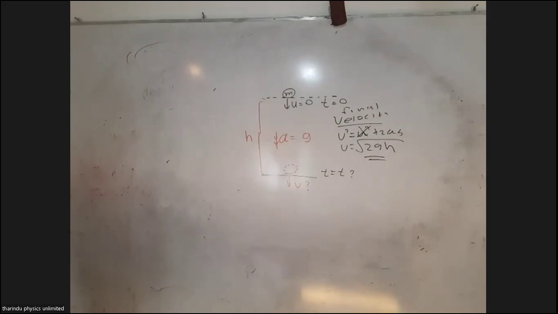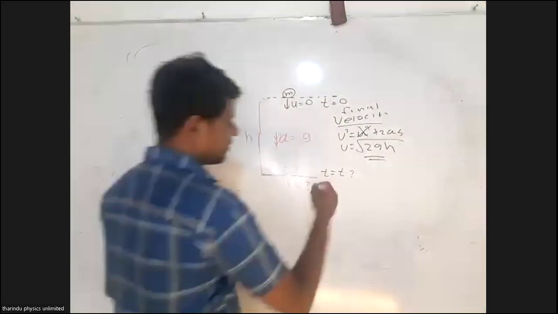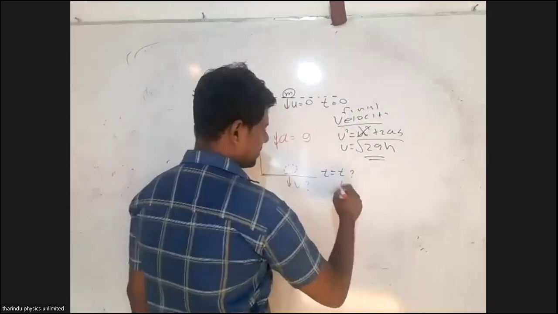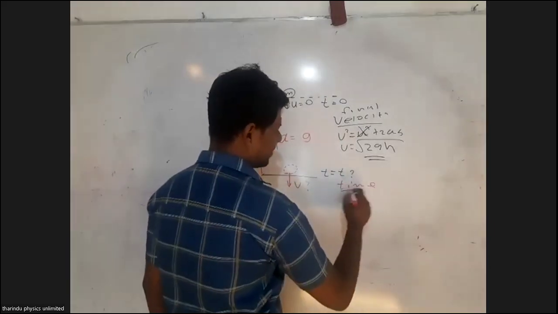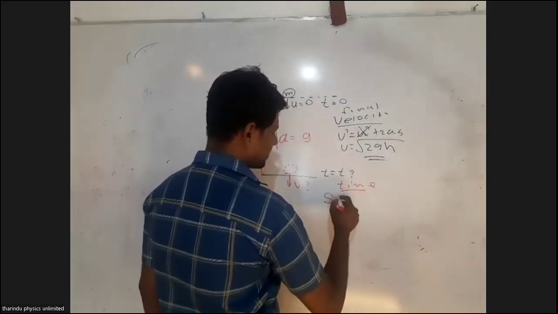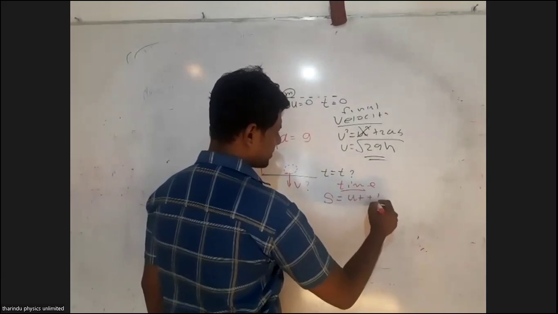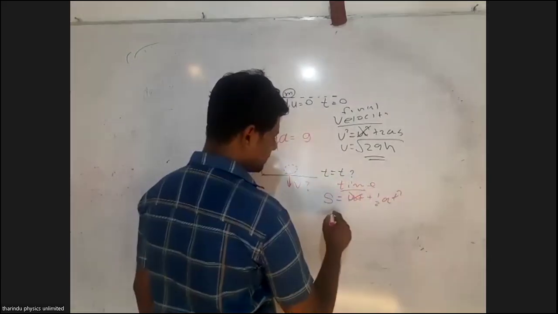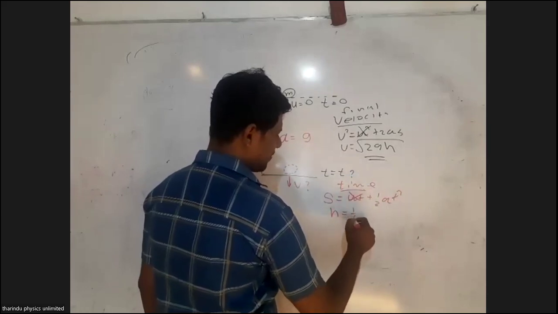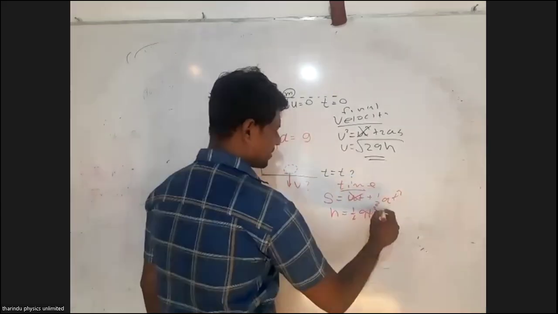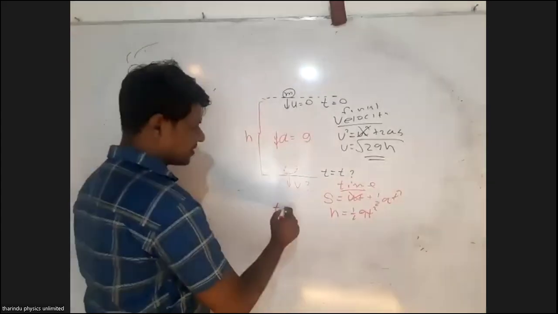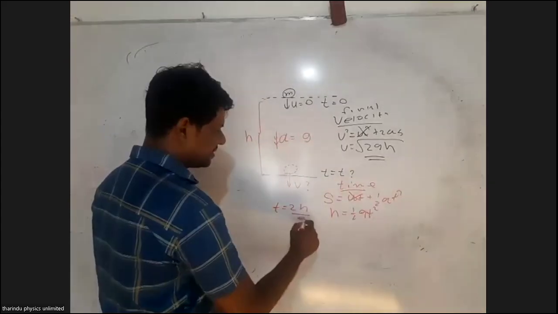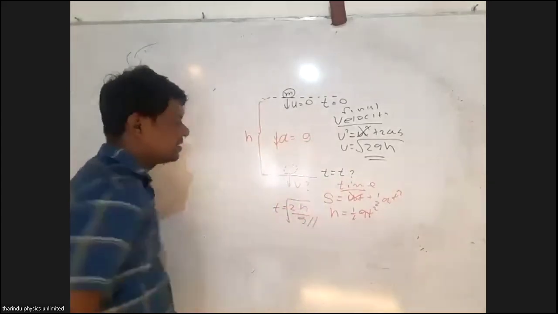In a similar manner, time of motion. How to find the time? We can apply s equals ut plus half at squared. So u is 0. h equals half g t squared. t equals the square root of 2h over g.